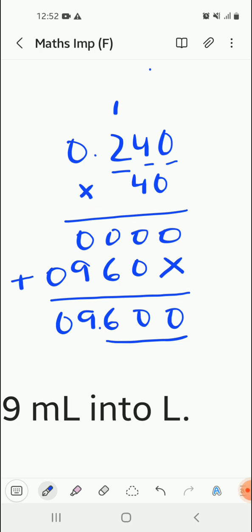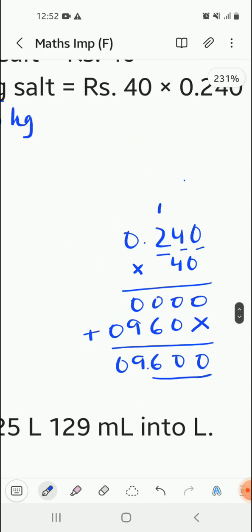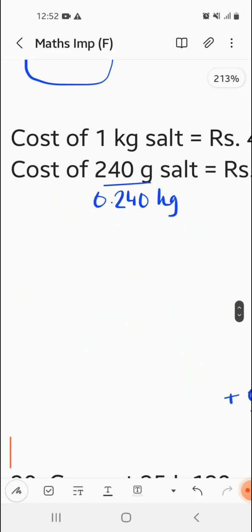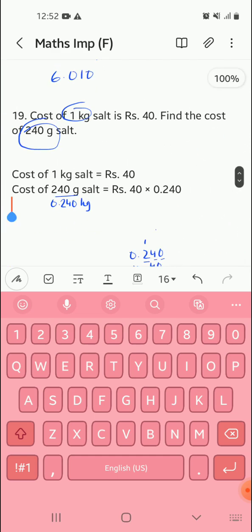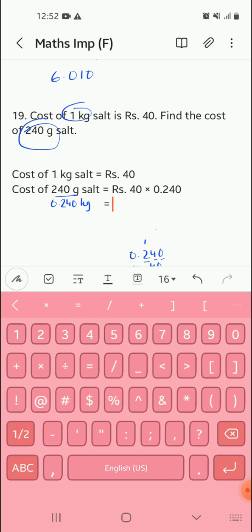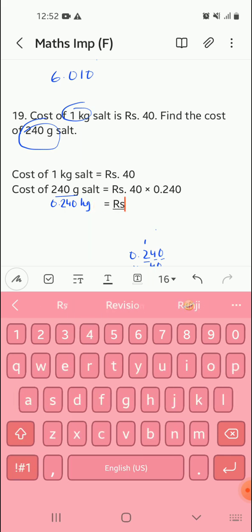So my answer becomes 9.600 or 9.60. Because you have to find the answer in cost, it will be definitely two decimal places, that is 9 rupees 60 paise, right? 9.6. So it will be rupees 9.60.